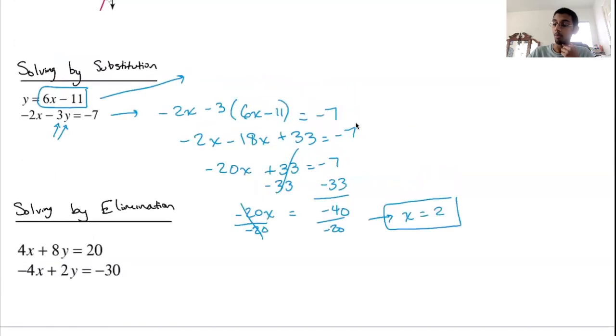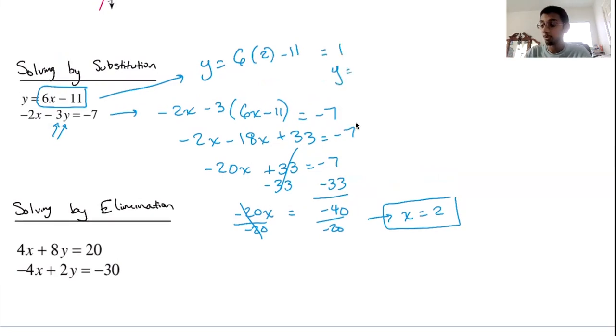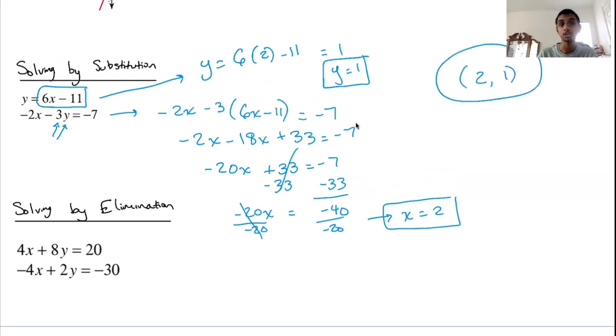So y is equal to 6, but instead of just having x, we plug in the value, because x is equal to 2. So we plug in 2 for that, and then minus 11 for the rest of the equation. Therefore, 6 times 2 is 12, minus 11, which is 1. So we know that y is equal to 1. And therefore, you've solved for x is 2 and y is 1. That is your solution to the system.